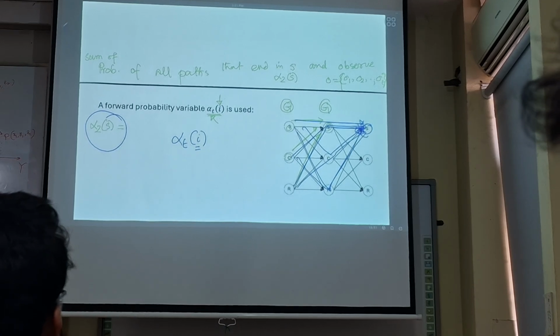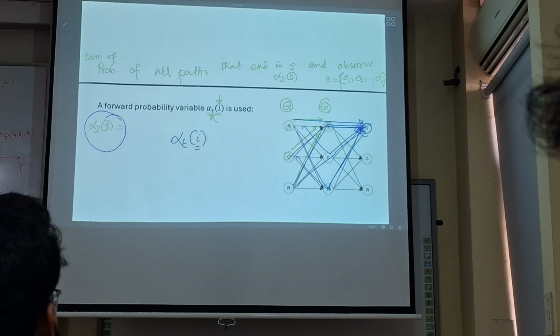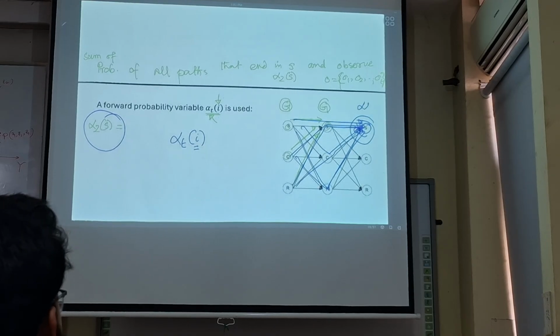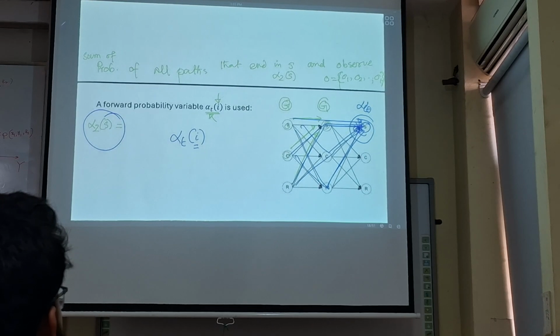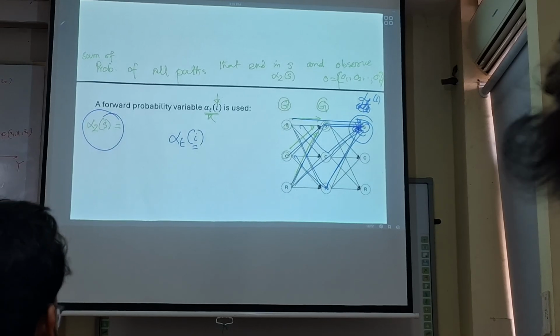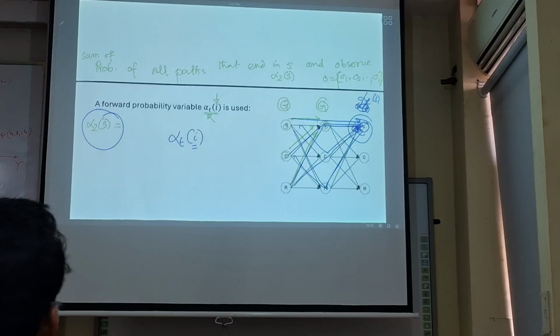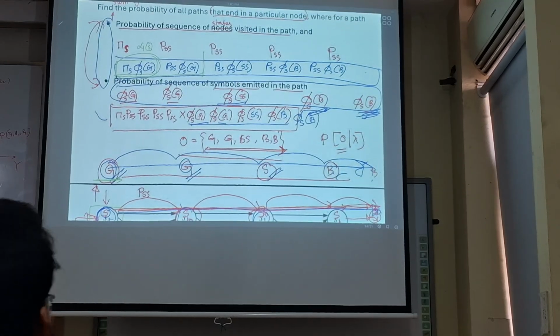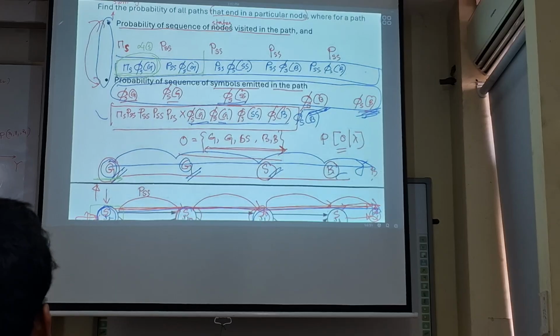How many paths will be there? 9. All 9 paths are accumulated here. So once you have the value for this alpha, then if you move on to the next step, you do not calculate the probabilities individually. The values are accumulated and you move forward.